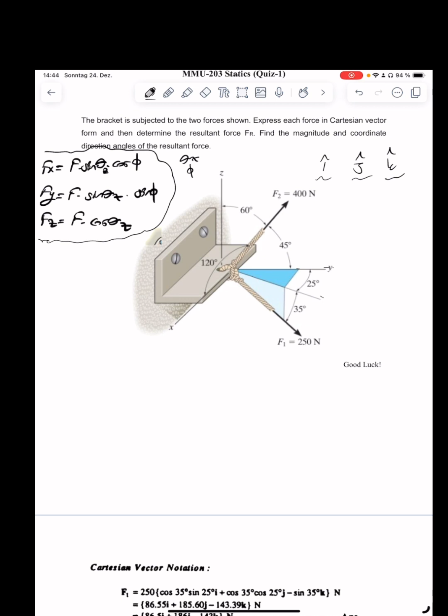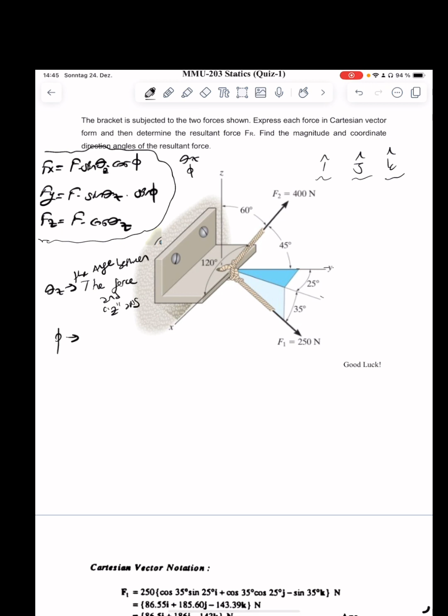What is theta x? What is phi, and what is theta z? Theta z is the angle between the force and the z-axis. What's phi?